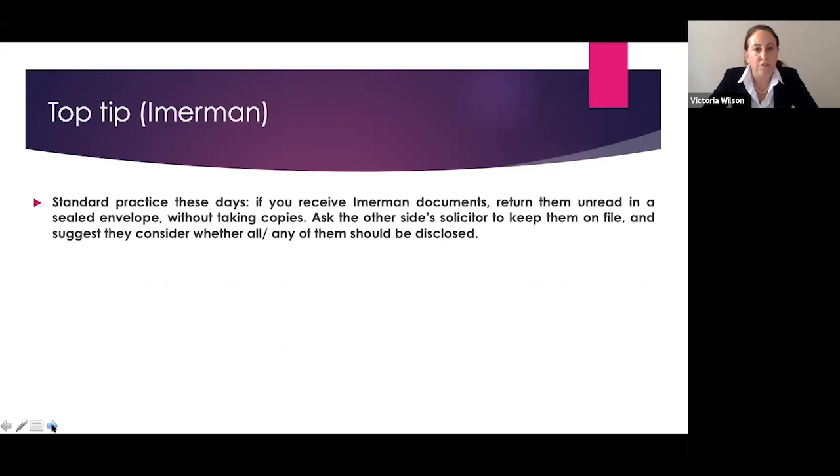Ask that solicitor to keep them on file, but also suggest they consider whether any or all of them be disclosed. So that's the clear protocol and what we're expected to do nowadays. So don't take the Hildebrand route and have that case in mind, because it's a very common issue in financial remedy practice and you're bound to encounter it at some point.